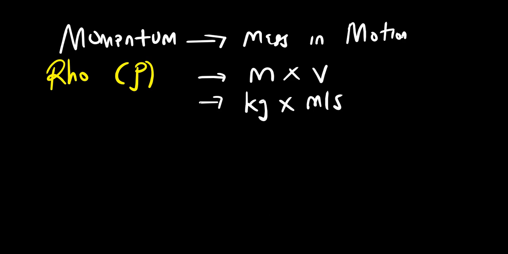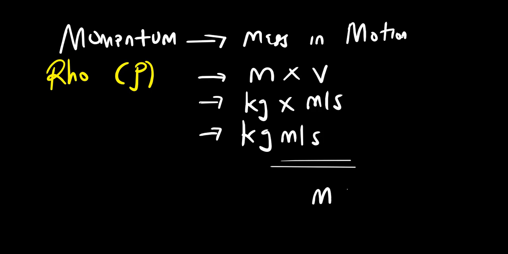Now that we've got this, what will be the units for momentum? Therefore, the units for momentum are kg meters per second. Other literature might describe meters per second as ms to the power -1. It is still the same. So that is about momentum, mass in motion.